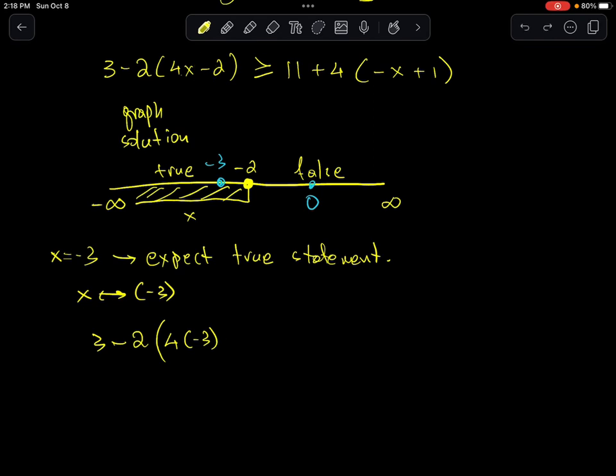Negative 2 drops, parenthesis drops, and that's the bigger parenthesis.